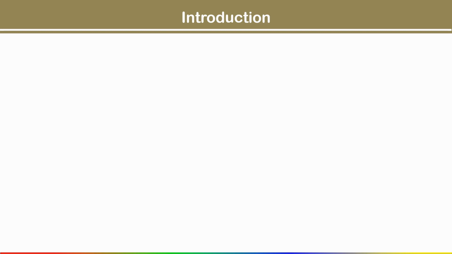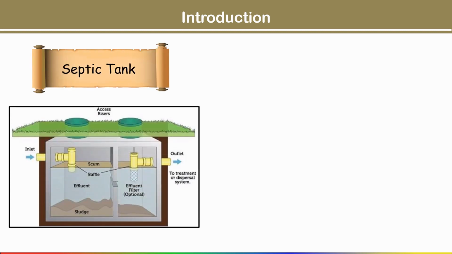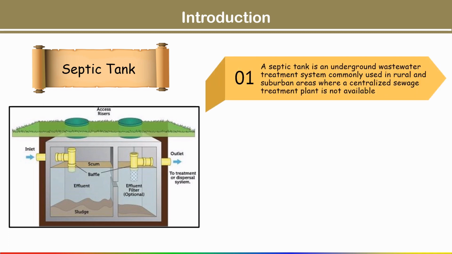Now the first topic is what actually a septic tank is. A septic tank is an underground wastewater treatment system commonly used in rural and suburban areas where a centralized sewage treatment plant is not available.